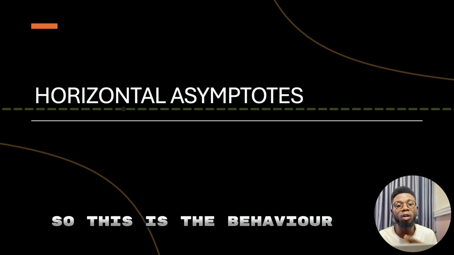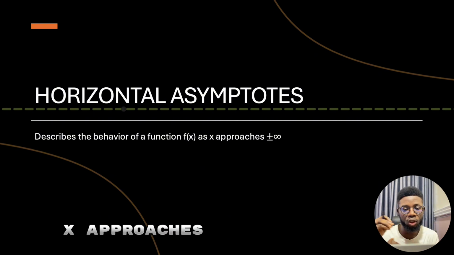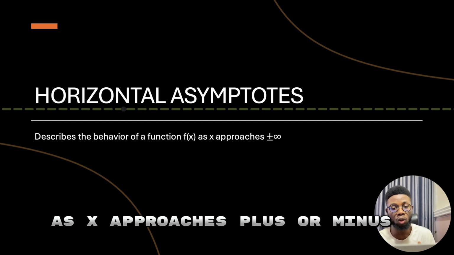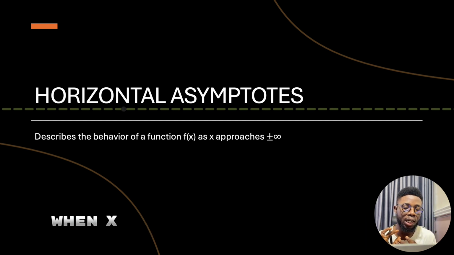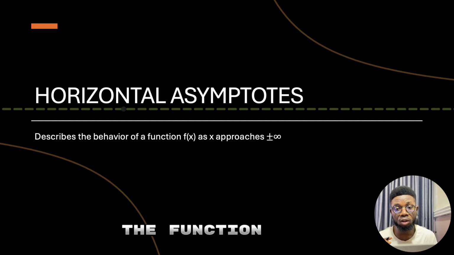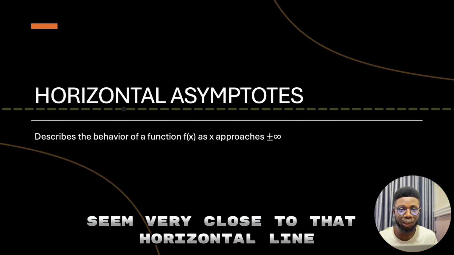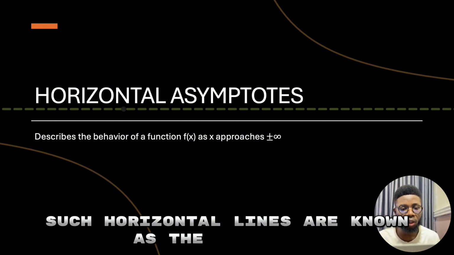So this is the behavior of a function f of x as x approaches plus or minus infinity. This is a place where x becomes very big, the function would seem very close to that horizontal line, but the function will not be able to touch it. Such horizontal lines are known as the horizontal asymptote.